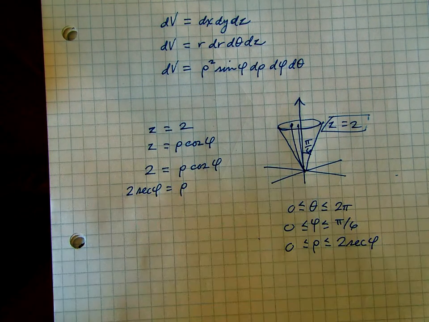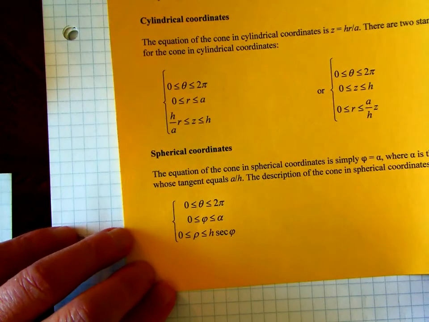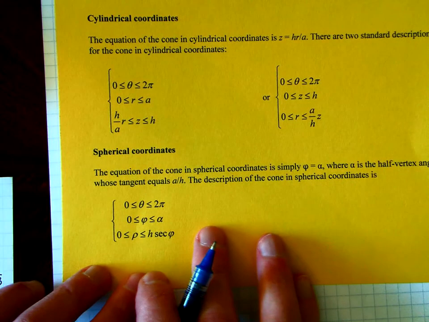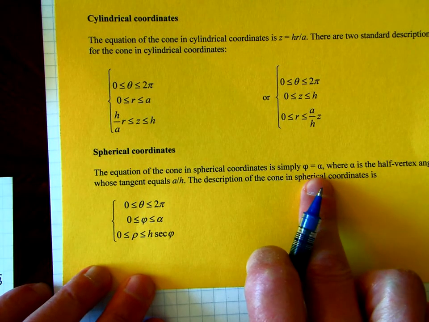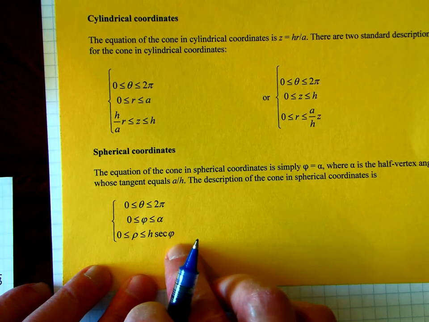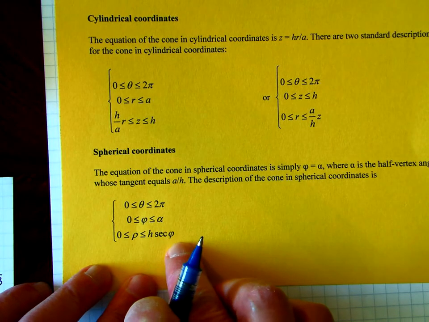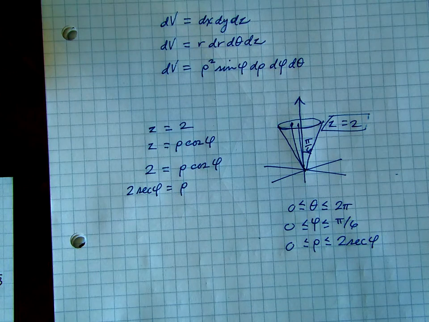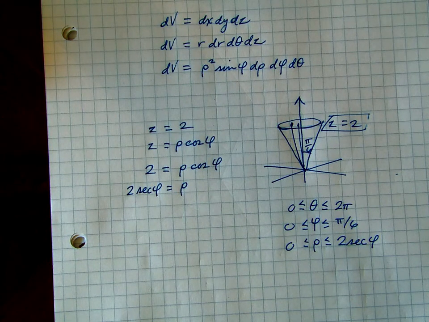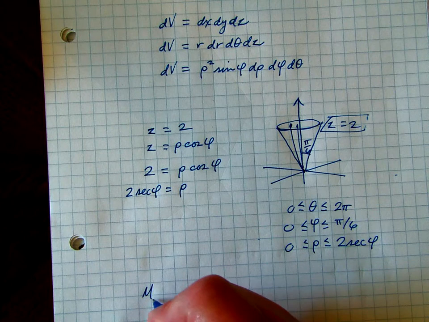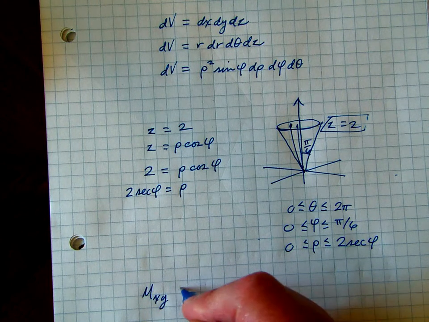Okay? And in general, if you have a cone with a half angle of alpha and a height of h, you can use this information to describe the region in spherical. Let's talk about a particular problem. Let's suppose we want to find mxy for the cone.